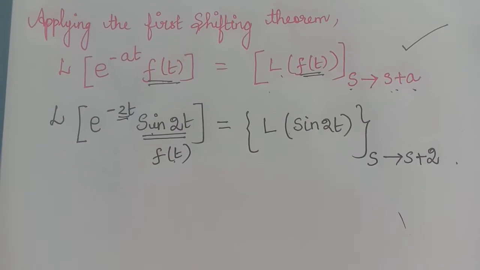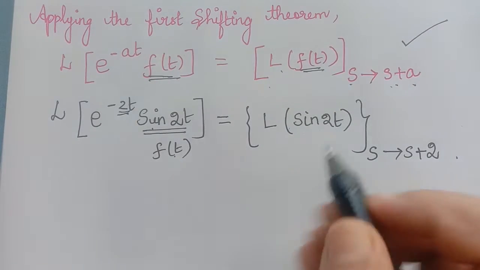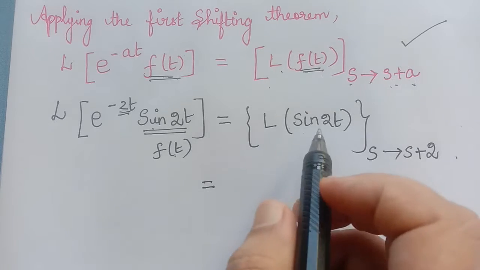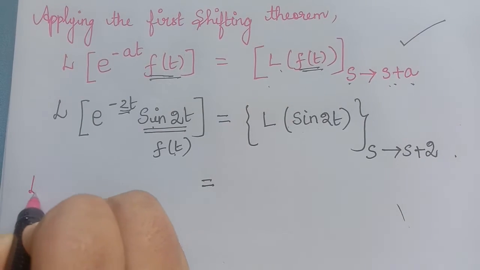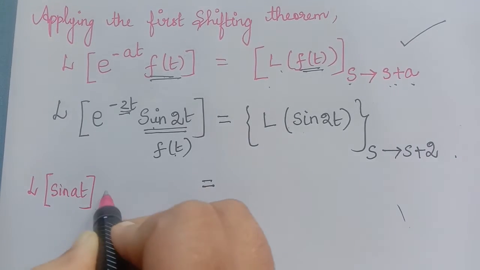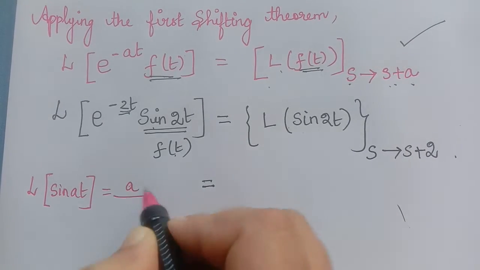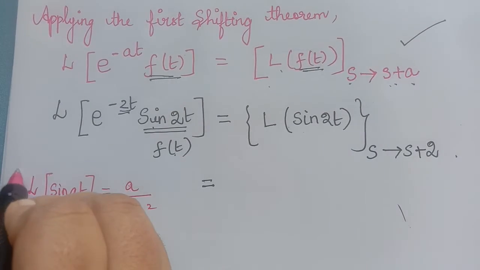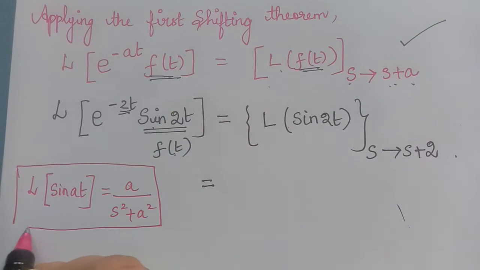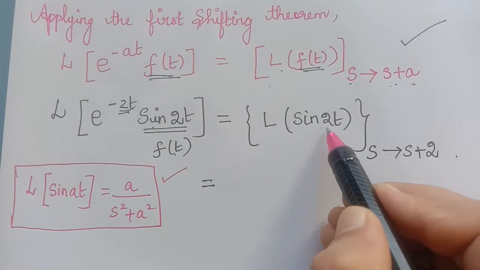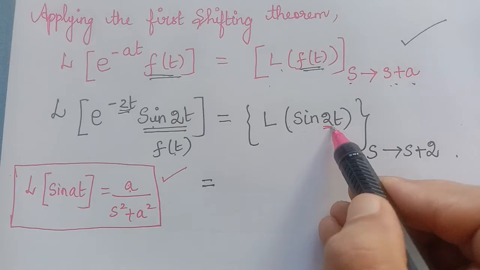First let us find L of sine 2t. By the formula, we know that the Laplace transform of sine at is equal to a divided by s square plus a square. This result we have derived previously. Now we are going to use this result. In the place of a, we have 2.